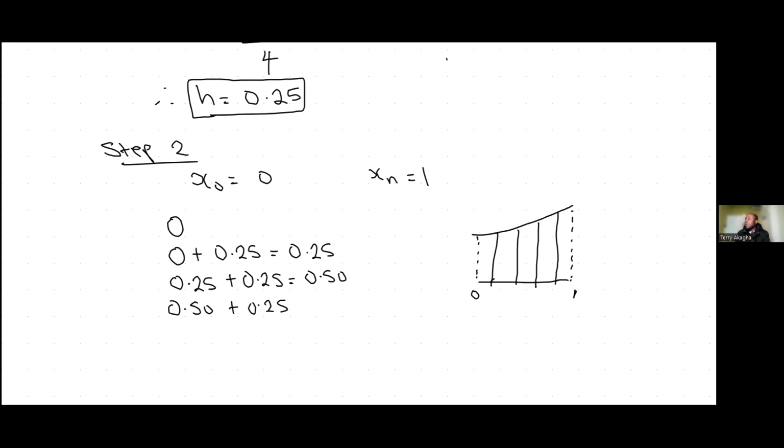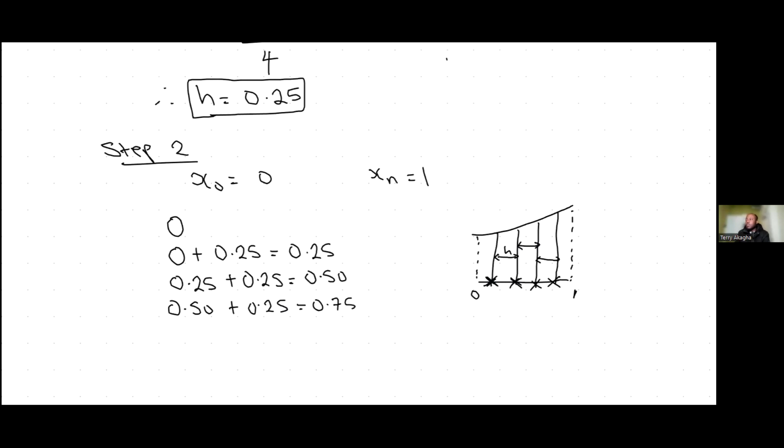The first one is 0, the next one is 0.25, the next one is 0.5. The distance, which we calculated as h and which is constant, is 0.25. So 0.50 plus 0.25 will give us 0.75.